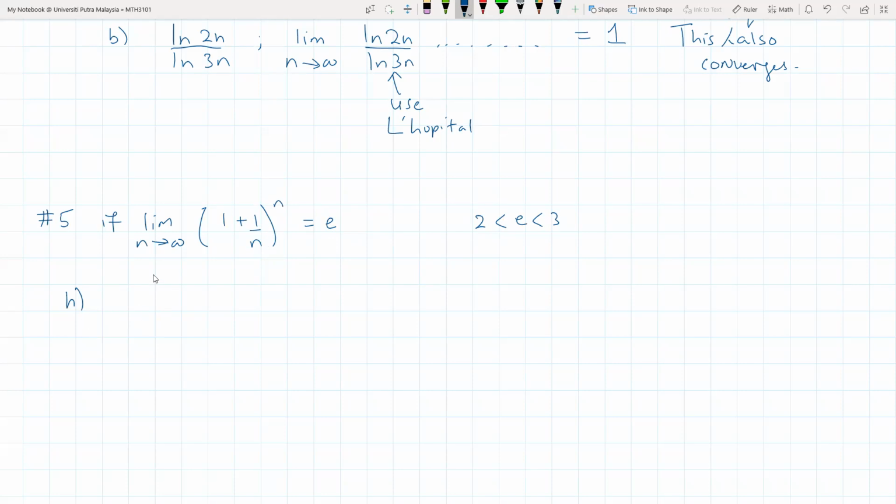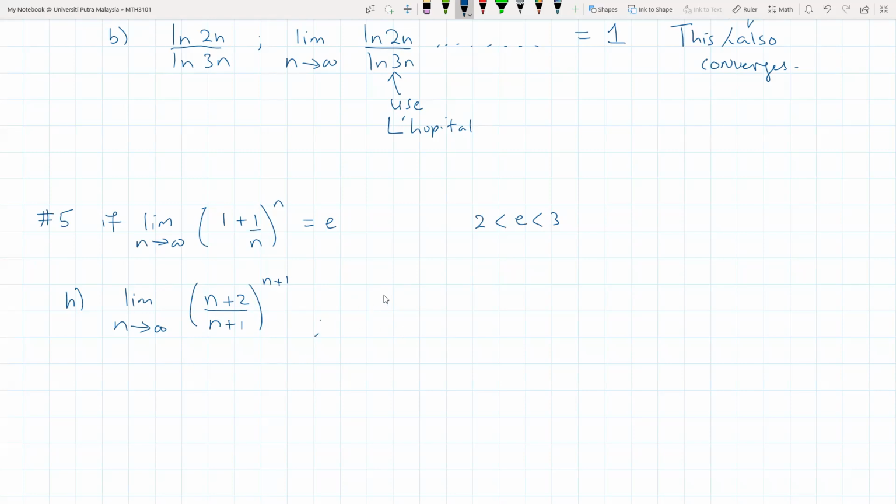And the question is, let's try to find whether or not the sequence converges for this one: the limit as n goes to positive infinity of (n plus 2 divided by n plus 1) to the power of n plus 1. Okay, separately, let's ignore the limit first.